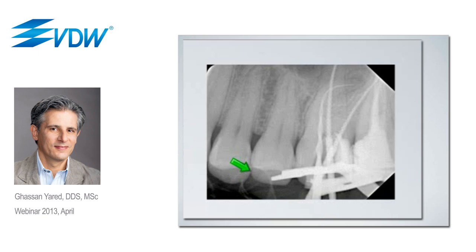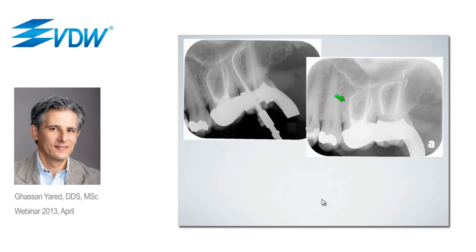So the question is, why do we have to use so many instruments when we can do a case that is probably even more difficult with only one instrument, without any hand files, without a glide path? Don't forget that this instrument is similar to an F2 ProTaper instrument. This instrument has a diameter of 25 at the tip and an 8% taper.